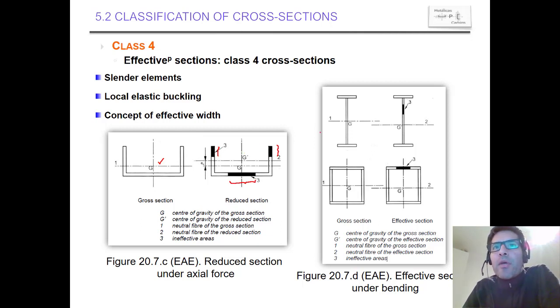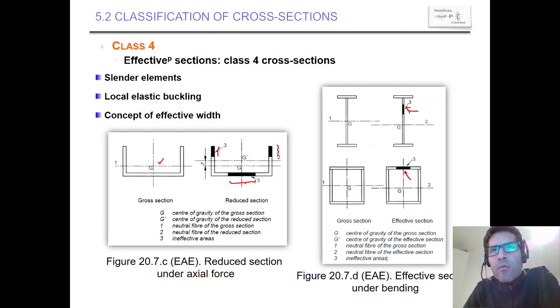In the right part, we have 2 examples of an effective width of a section that was subjected to bending. Okay, in this case we have a nice section, classical, and we see that here we have a reduction. This is a non-effective part, whereas in the top flange of the box section we have a reduction here.